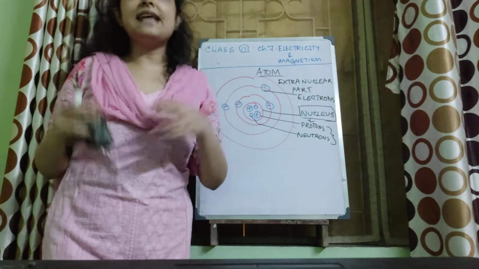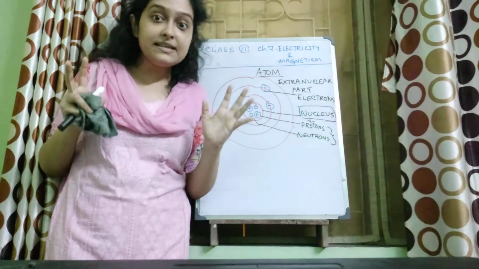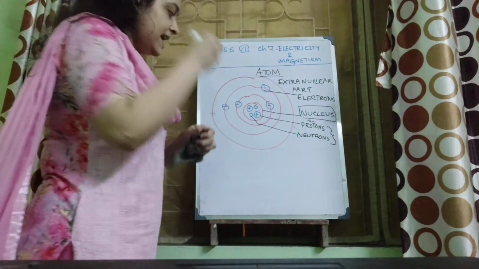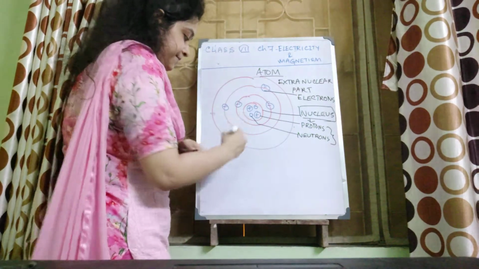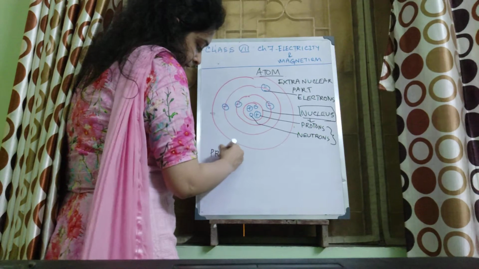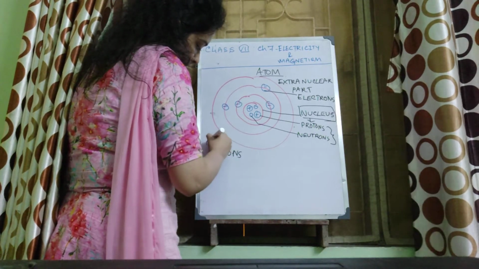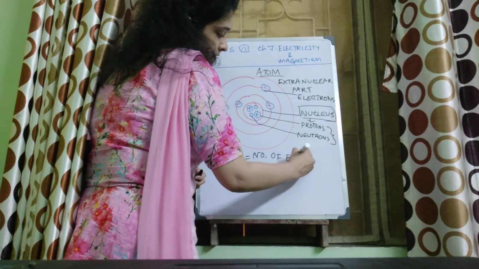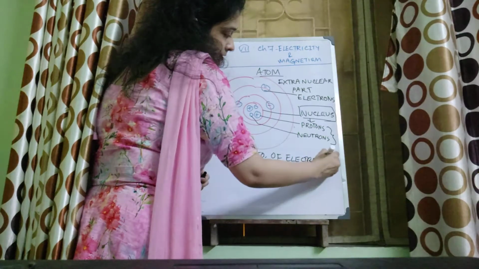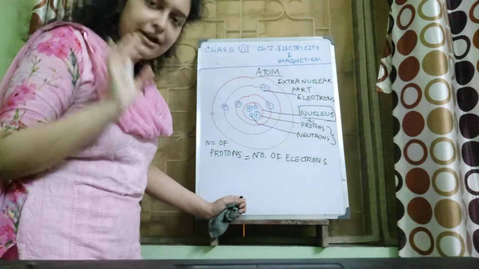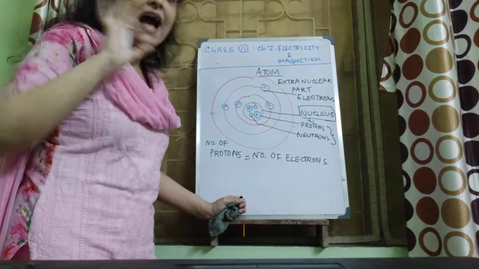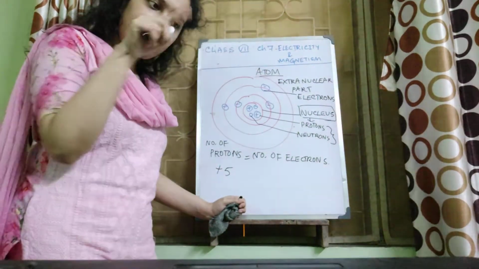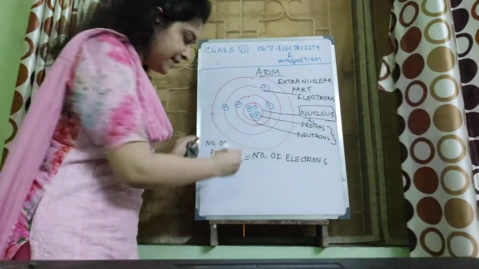Now, do you know this that as a whole, an atom is electrically neutral. That means number of protons is equal to number of electrons. And therefore, suppose if I have 5 protons, that means 5 positive charge, 5 plus, right?